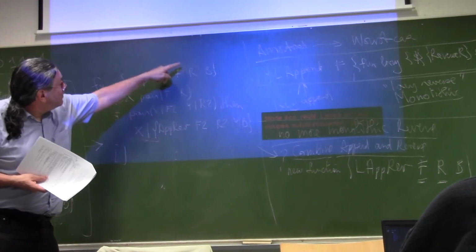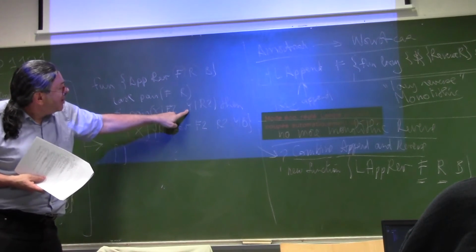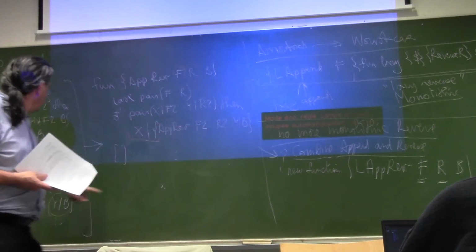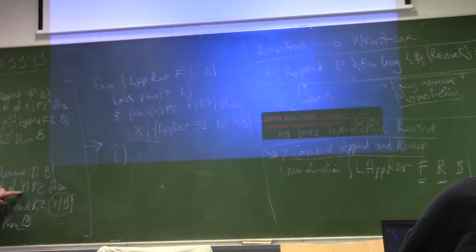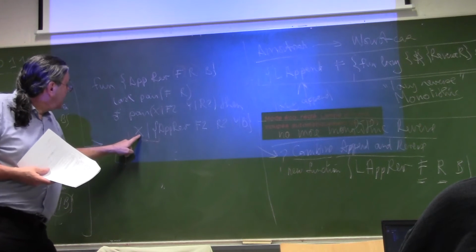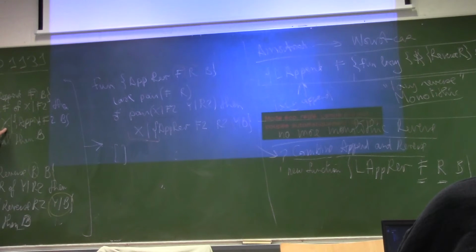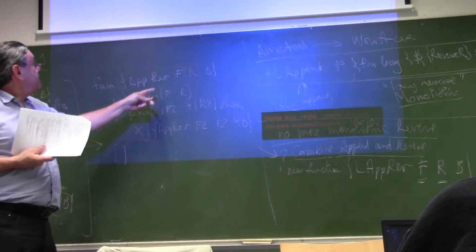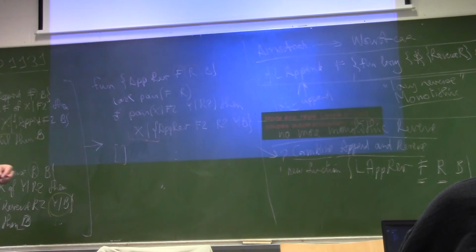I'm taking an element off of R and putting it in front of B, just like here. I'm also taking an element in front of F and putting it in the result. So this is a function that does both append and reverse.